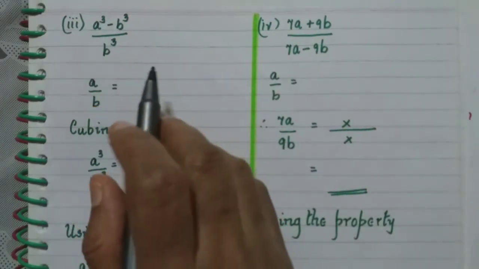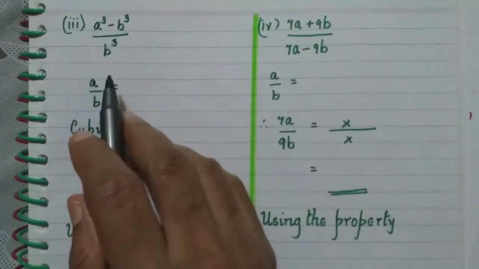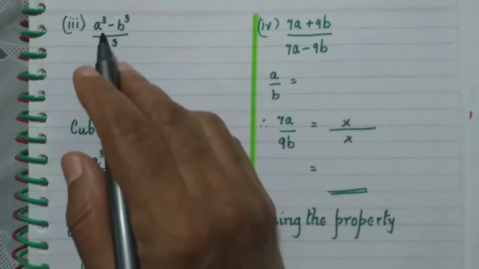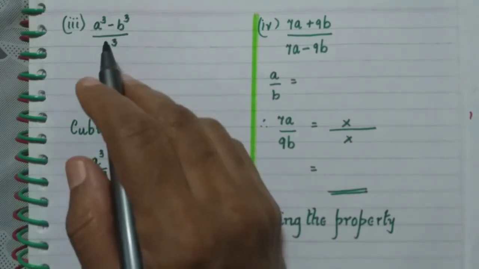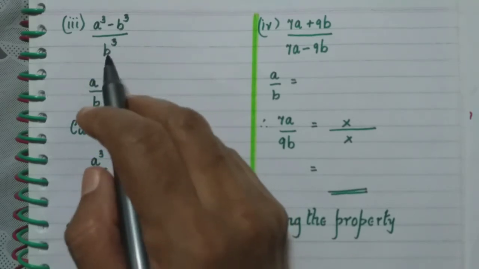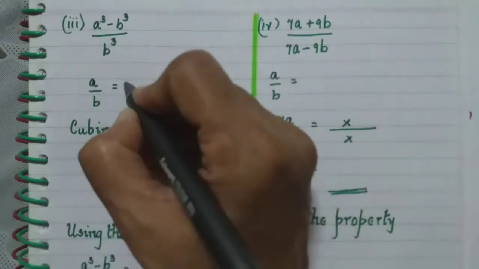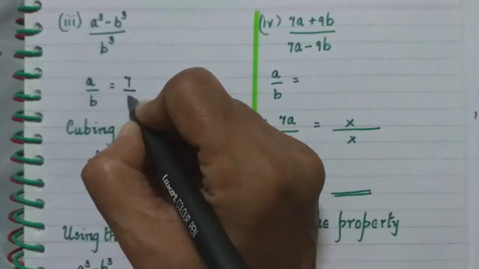Third sub question, we have a cube minus b cube upon b cube. Now here again we see the power, it is cube, right? So when it is cube, first the step will be cubing. So a by b was given to us as 7 by 3.